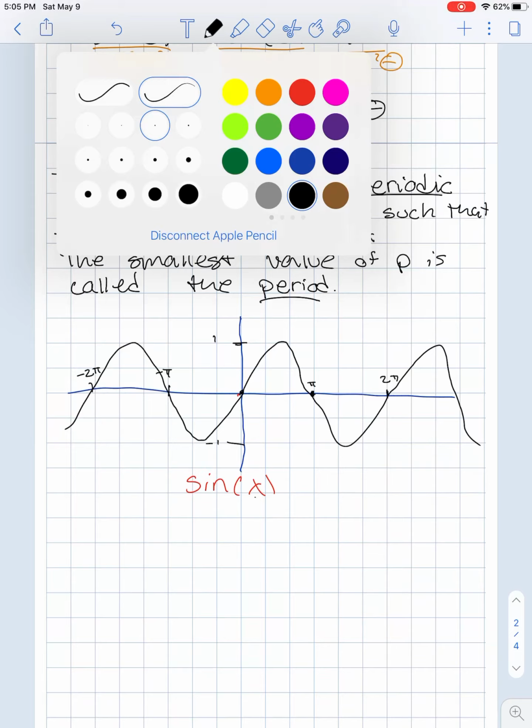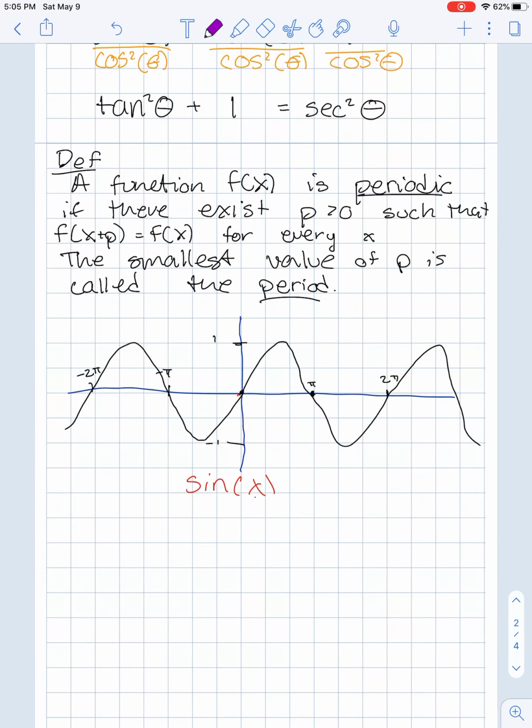If I draw a horizontal line, not a vertical line, at its peaks, which are at 1, for when we're at 1, these values show up every 2 pi. So that makes sine's period 2 pi.